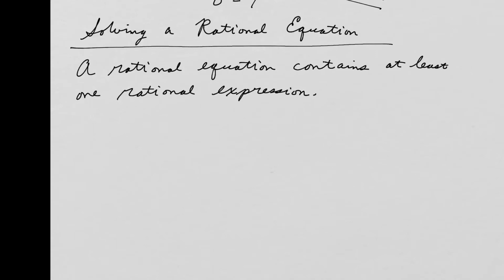And these can get pretty complicated. We're going to just deal with ones that, once we simplify them, will lead to a simple linear equation in one variable. Okay, so here's an example.